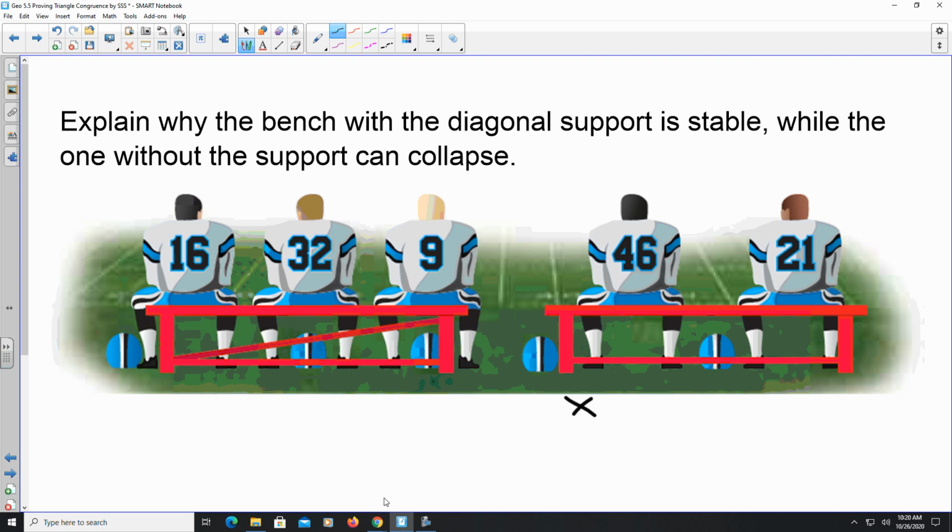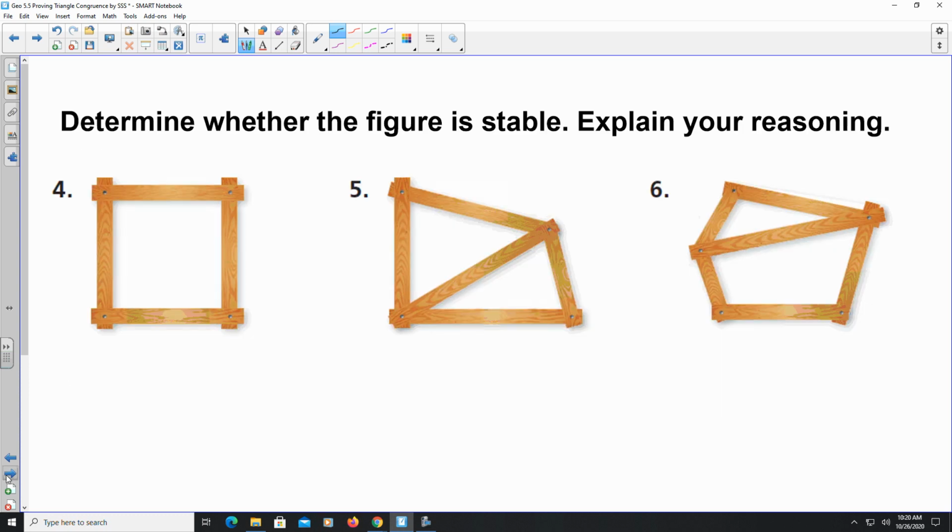So when you are looking at diagonal supports, not only do they have to be diagonal supports, but they also have to form two triangles. Keeping that in mind, of these 3 diagrams, there's only one that's stable, and it is number 5.